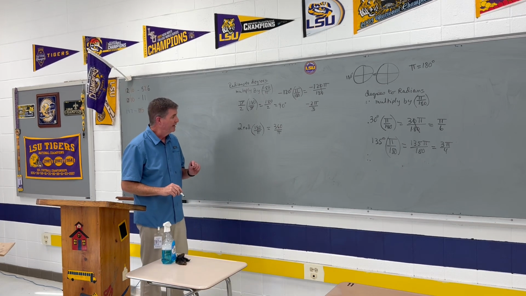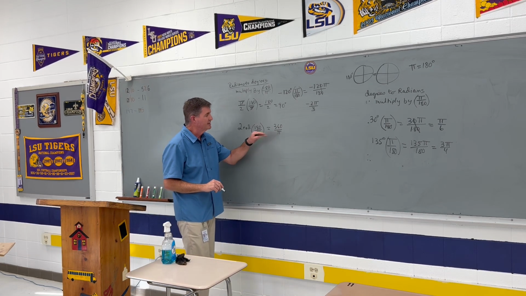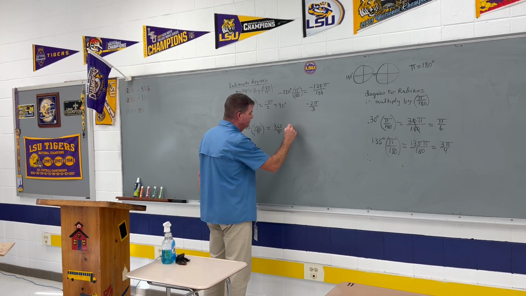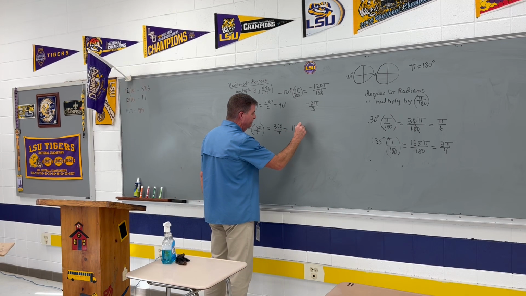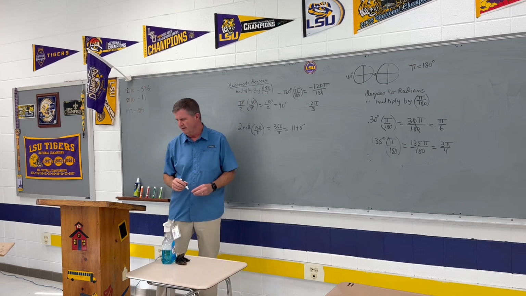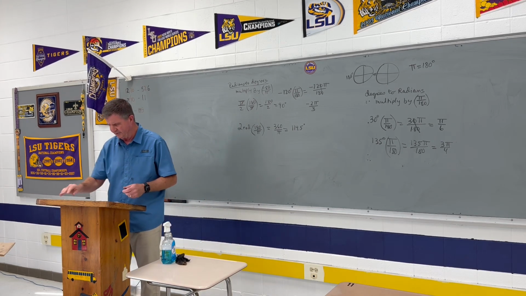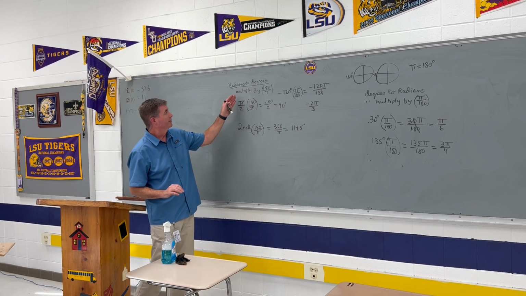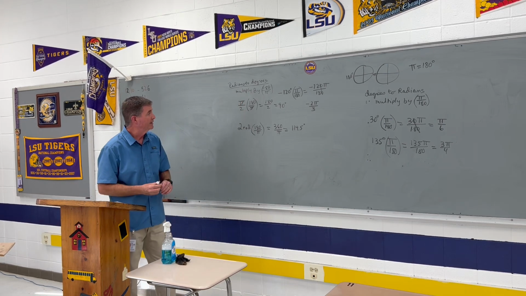But we're not going to leave our answer in that form. It's 360 divided by pi, which gives me a decimal, approximately 114.5 degrees. And that's how we convert from degrees to radians and radians to degrees.